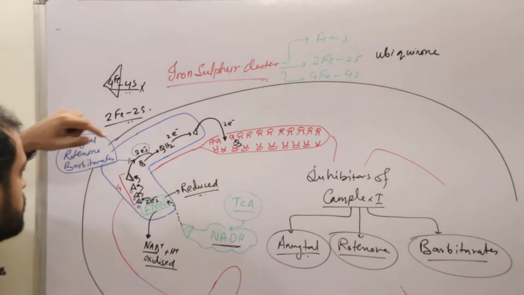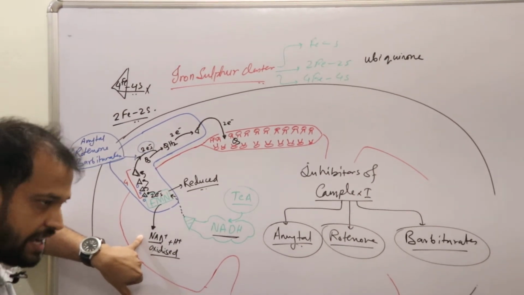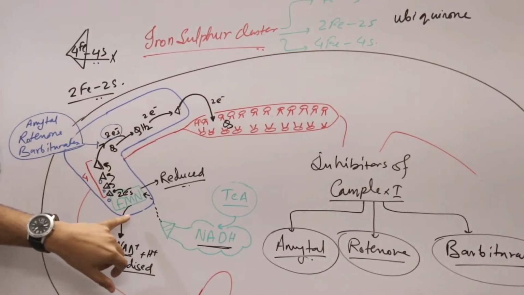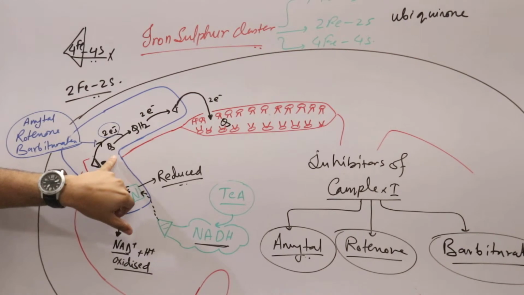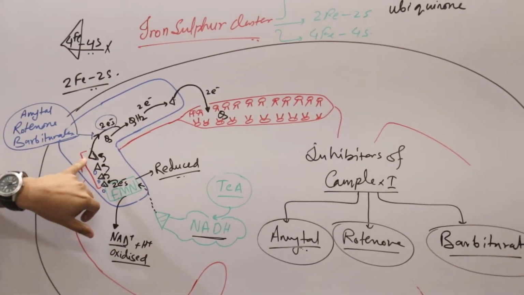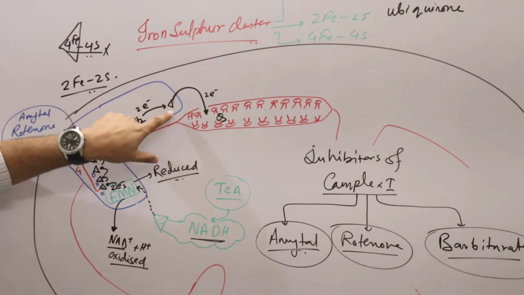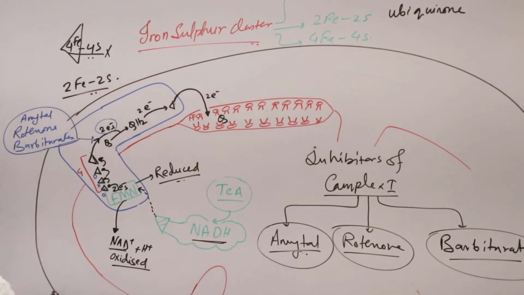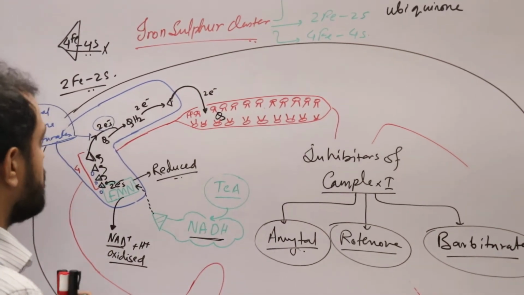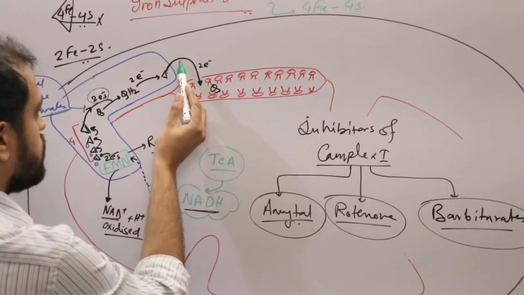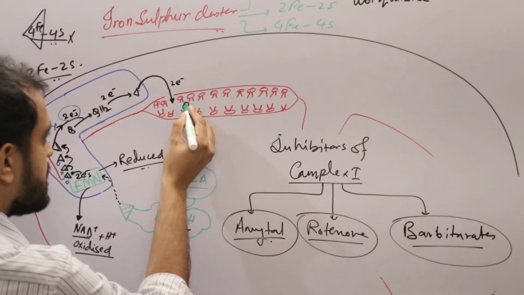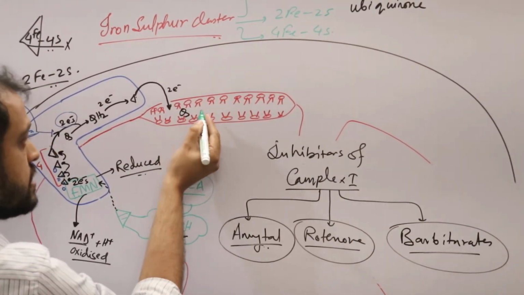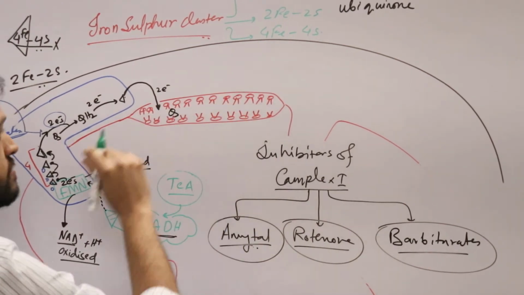Whenever NADH is giving electrons to FMN and FMN is passing the electrons to ubiquinone via the 4 iron sulfur cluster, that electron is transferred to the final iron sulfur cluster. Now this final iron sulfur cluster transfers the electron to that ubiquinone which is sitting in between the lipid bilayer of the inner mitochondrial membrane.